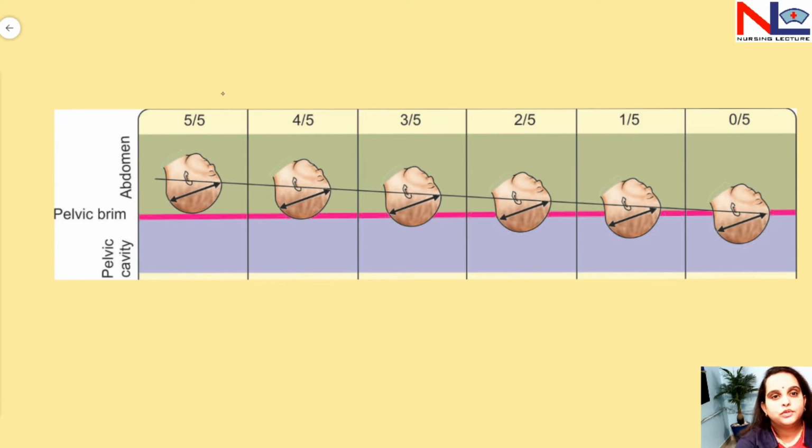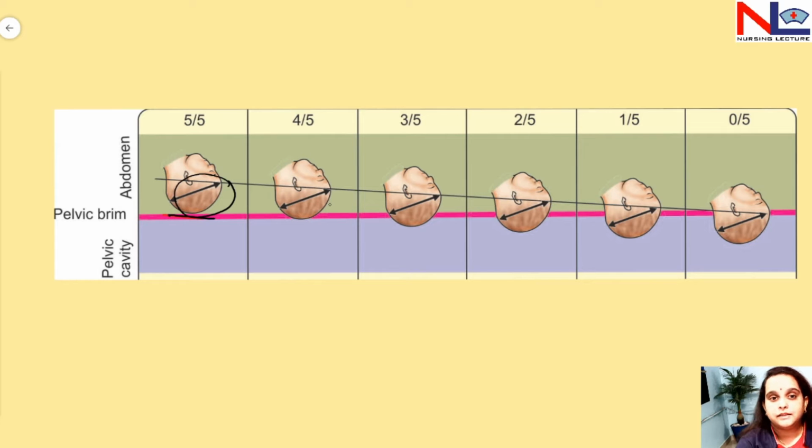Okay, in this image you can see 5, 4, 3, 2, 1 and 0. So we are measuring in a partograph from 5 to 0. So what does 5 mean? This is the pelvic brim, and we can feel 5 fingers above the pelvic brim, the complete head. Okay. So in that condition we need to write 5.